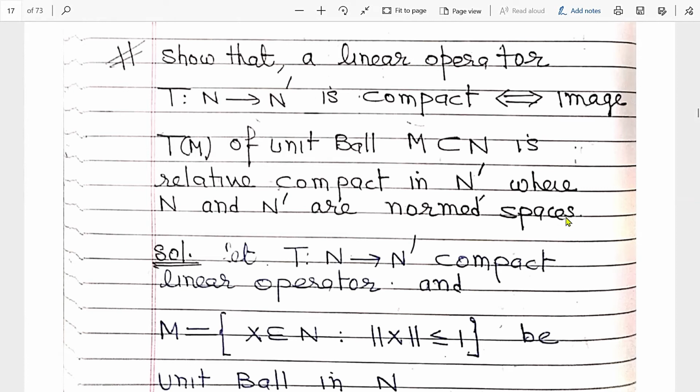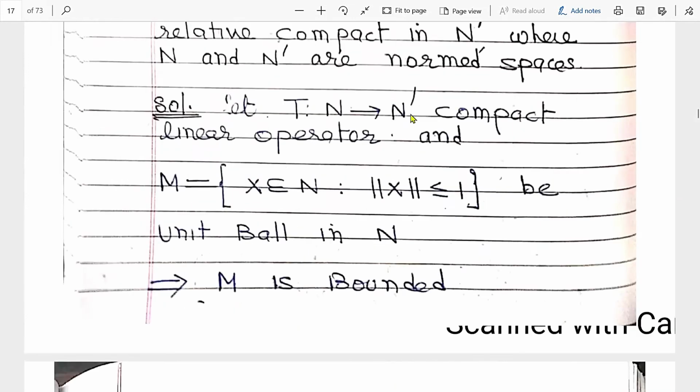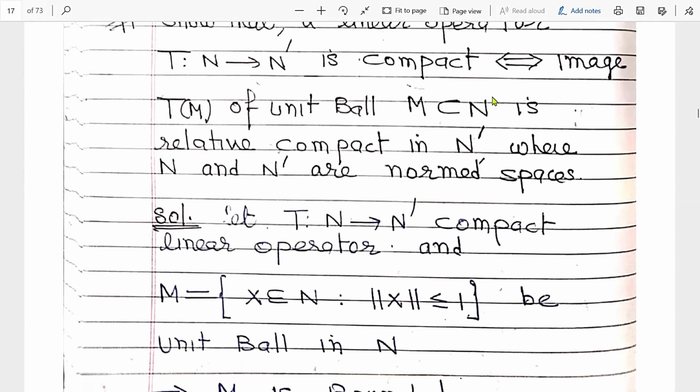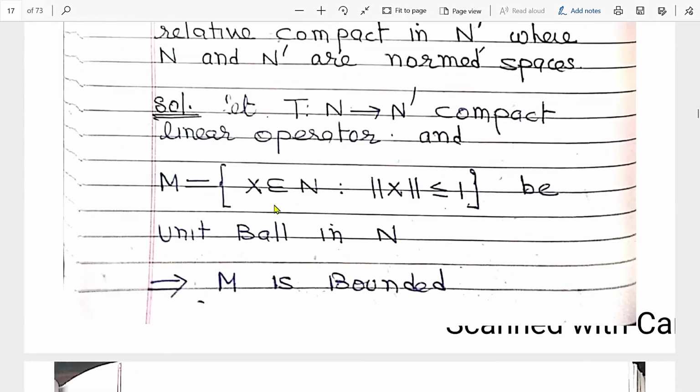So basically we can find it directly from the definition. Now T from N to N dash is a compact linear operator, that is given. What is our purpose? We take a unit ball M, and its image TM.